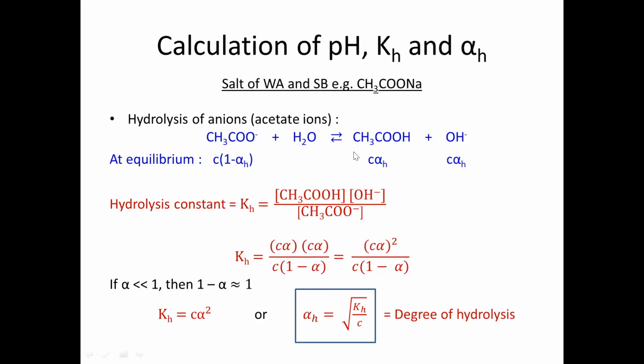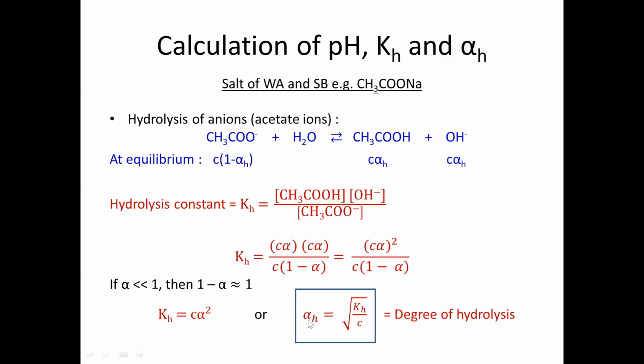And we can assume here that alpha, the degree of hydrolysis of these acetate ions, is quite small. So we can say the degree of hydrolysis is very, very less as compared to unity. And for an approximation, we can take 1 minus alpha as approximately equal to 1. With this approximation, our equation reduces to Kh equal to C alpha square. Because 1 minus alpha is equal to 1, C will cancel out and we get Kh equals C alpha square.